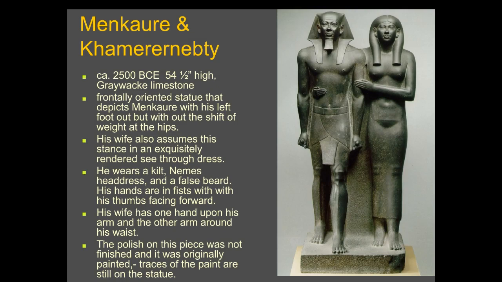So this is Menkaure, the grandson of Khufu. Frontally oriented subjects that depict Menkaure with his left foot out, but without a shift of weight of his hips. So this is a very unnatural stance. It's again carved from one piece of greywacke.